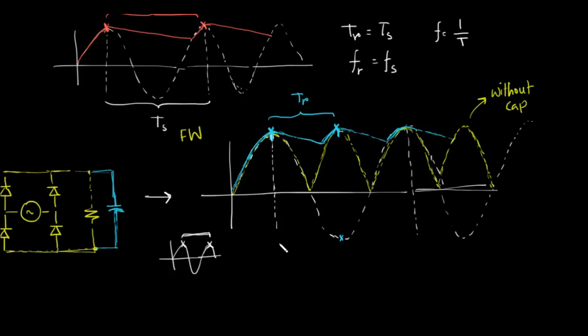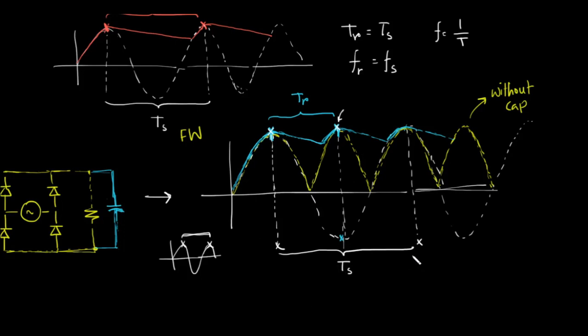So the distance between these 2 points is the time period of the signal, and the distance between these 2 points is the time period of the ripple. This is for a full wave rectifier. You can see that this point is actually halfway between the time period.